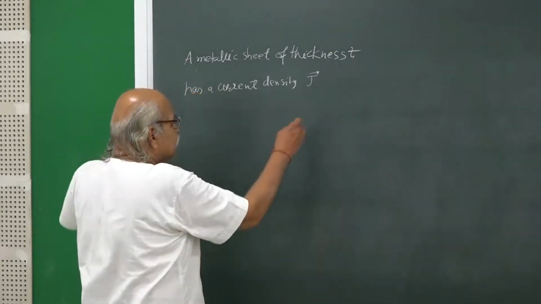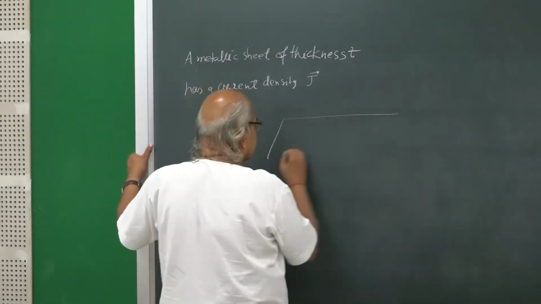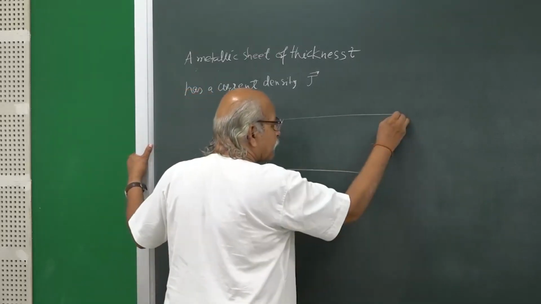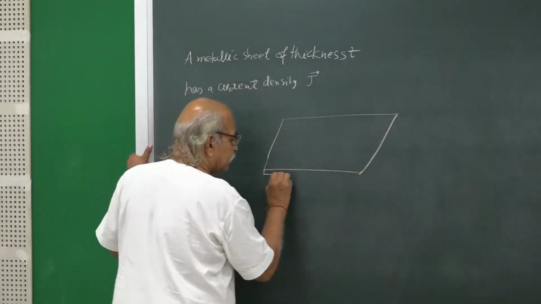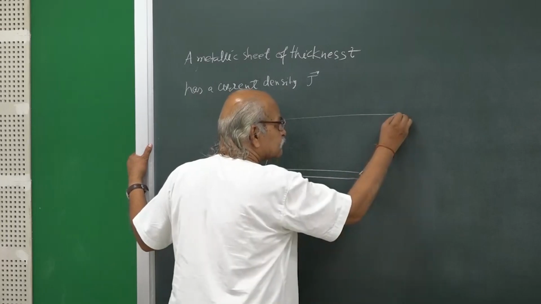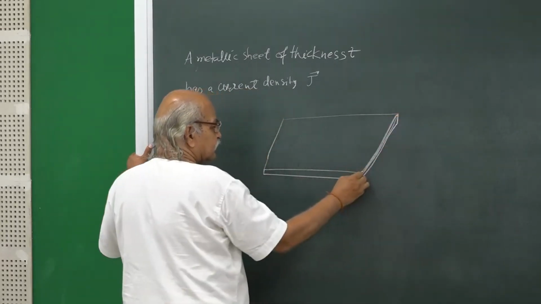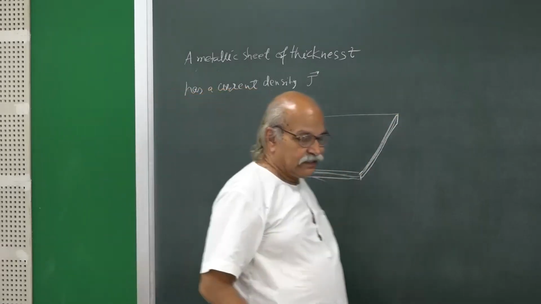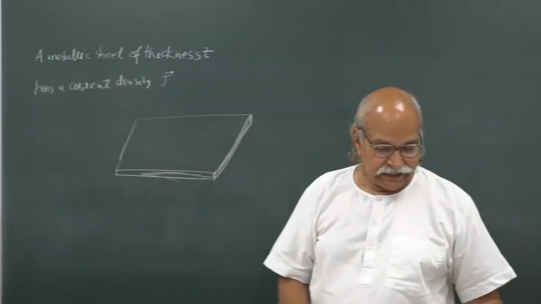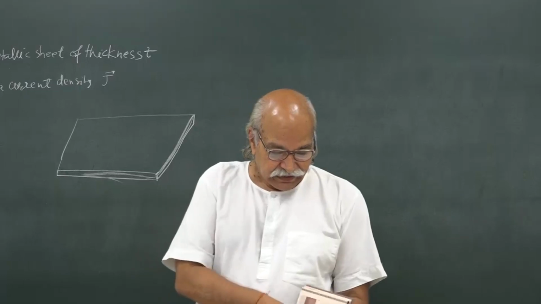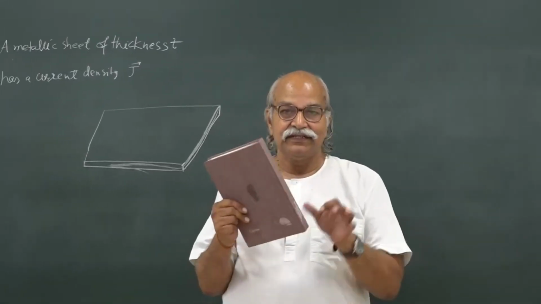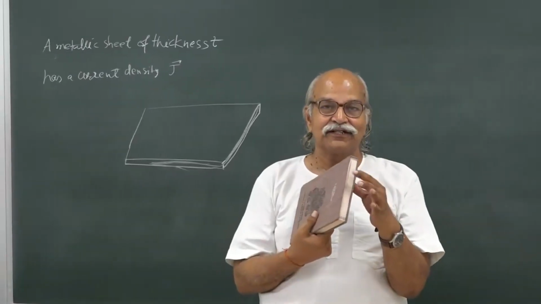So, you have this metal sheet, let us say this is your metal sheet, this is the thickness, it is a metal sheet like this. Of course, this is a sheet, whose width is quite large.